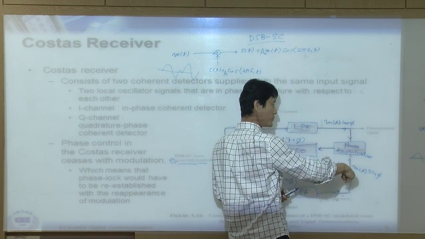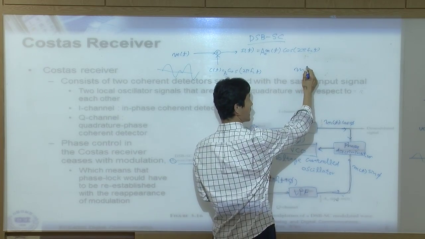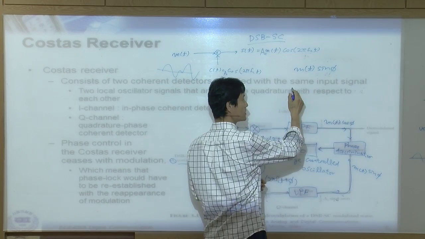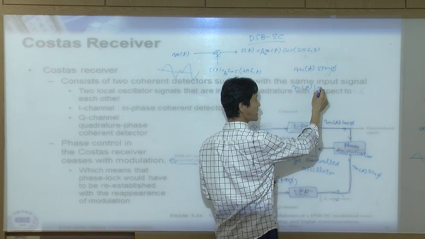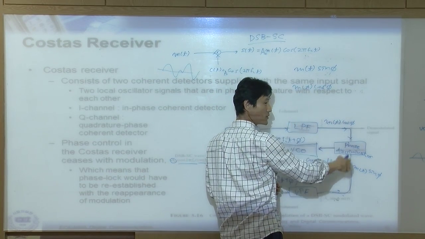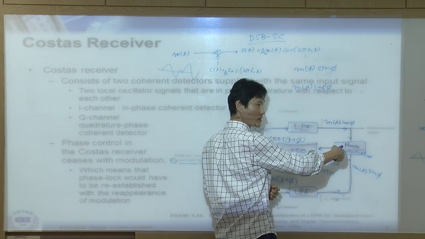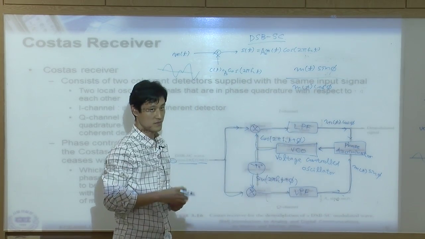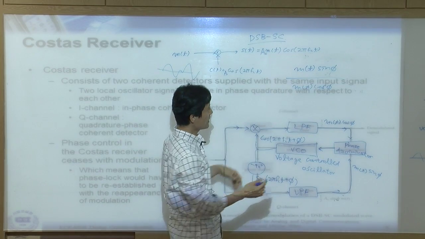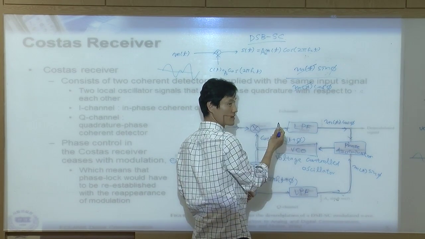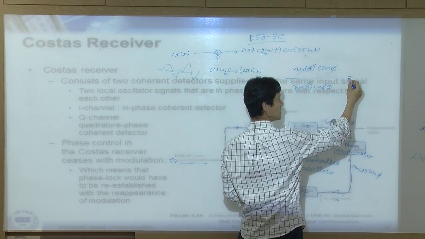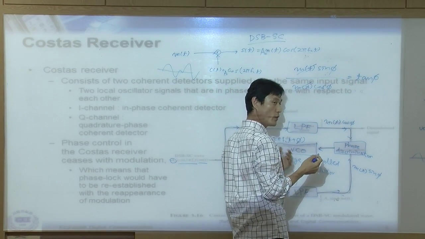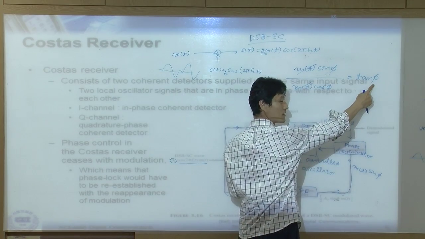We have two inputs: one input, m(t) sine phi, and another input, m(t) cosine phi. So inside this phase discriminator, we simply divide. Once we divide, the m(t) cancels out. Now this one is the same as tangent phi, and what we want to find out is phi.